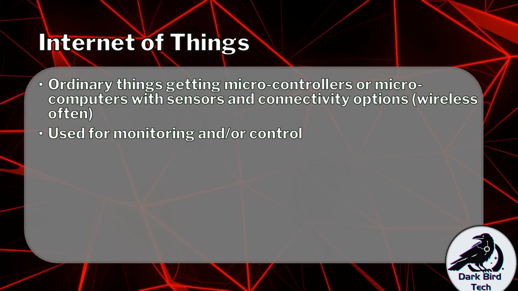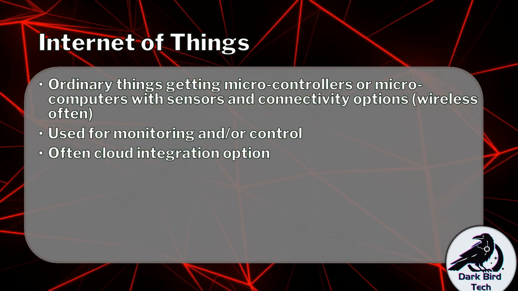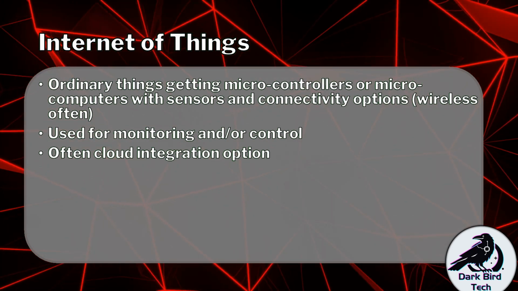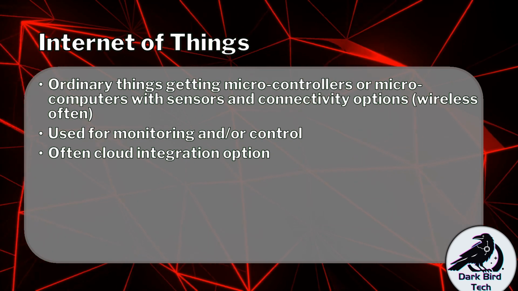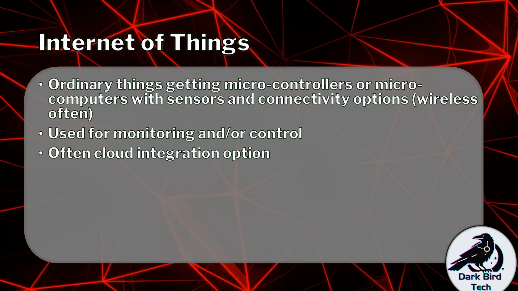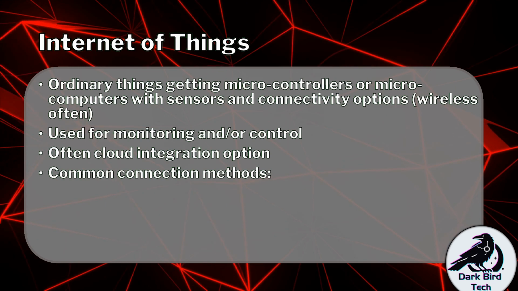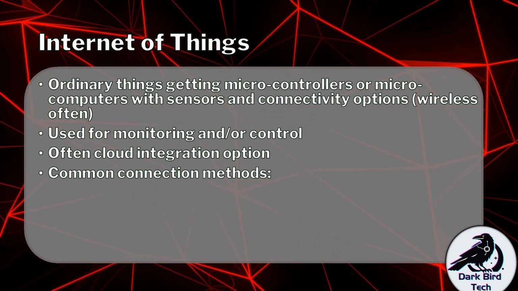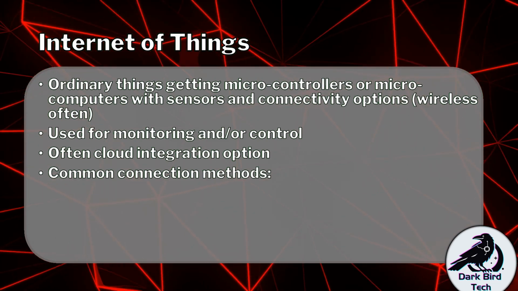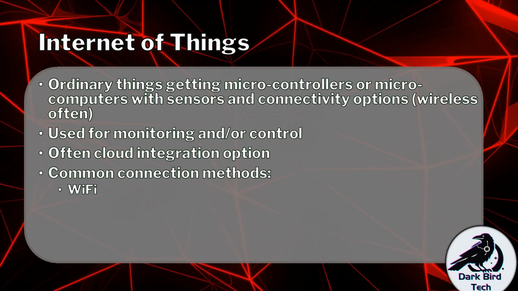But a very popular thing that IoT does that is unique is often it does have some sort of cloud integration option available to us to make it easy to monitor, connect, communicate and control an IoT product. Now, another key thing with IoT, it's different to things like industrial control systems, is that the common connection methods are pretty normal actually in the computer space. With industrial control systems, you actually have very specialized connections and very specialized protocols and services used to network and communicate. But with IoT, you're looking at things like ordinary Wi-Fi.